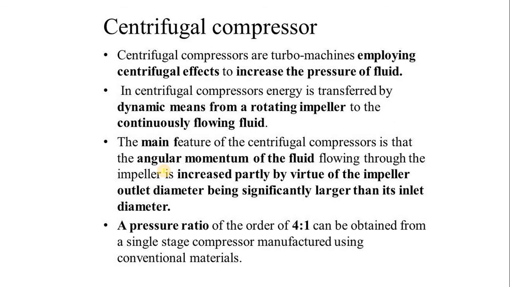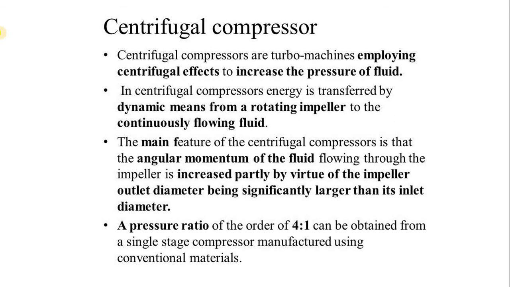In a centrifugal compressor, energy is transferred by dynamic means from the rotating impeller to the continuously flowing fluid. Again, it is the most important thing. The main feature of the centrifugal compressor is that the angular momentum of the fluid flowing through the impeller is increased partly by virtue of the impeller outside diameter being significantly larger than its inlet diameter.